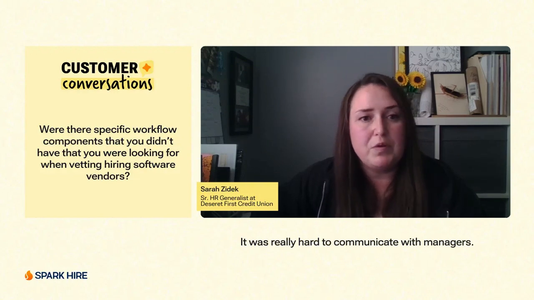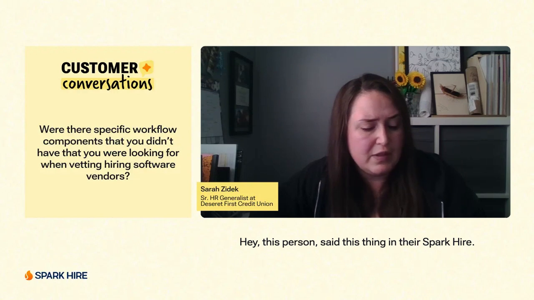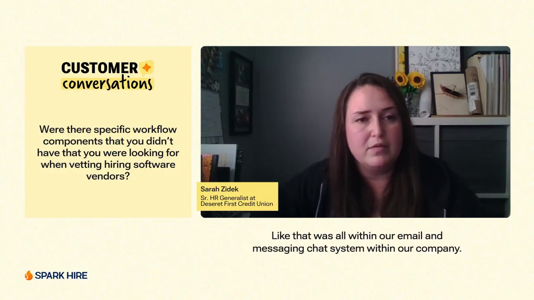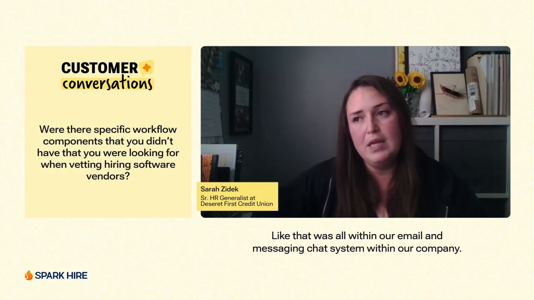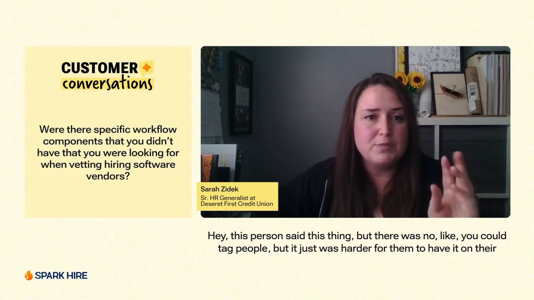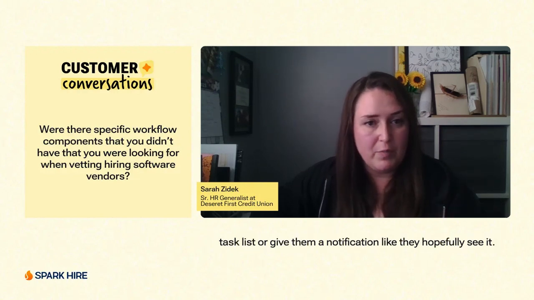It was really hard to communicate with managers. If they had, hey, this person said this thing in their Spark Hire, can you send them another message back? That was all within our email and messaging chat system within our company, and nothing was attached. Sometimes I'd have to go in and make a note. You could tag people, but it was harder for them to have it on their task list or get a notification.